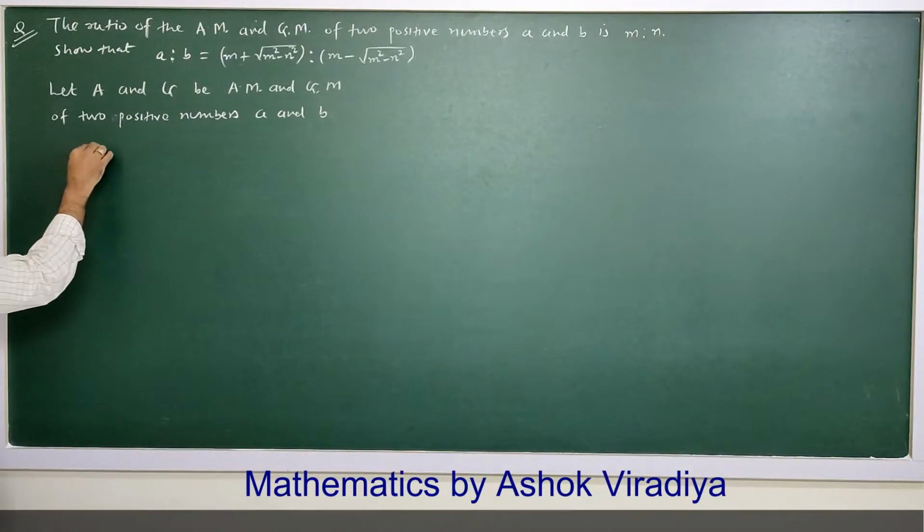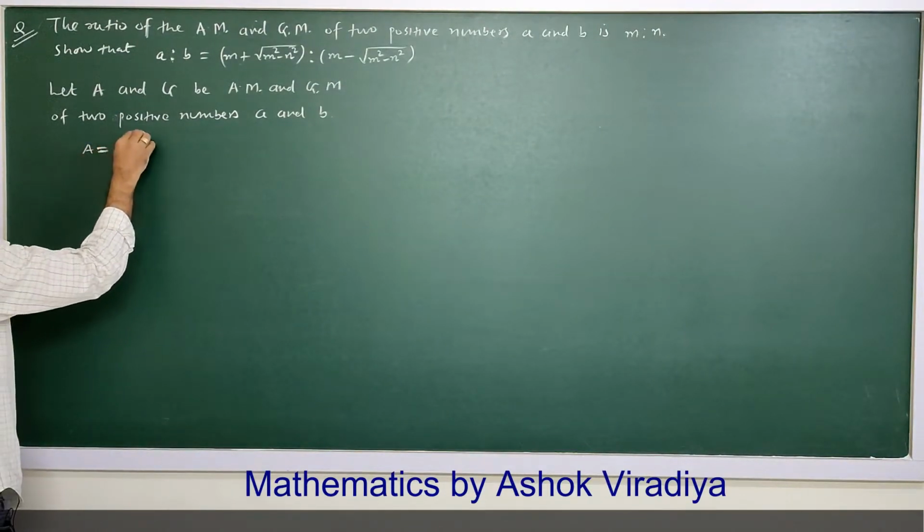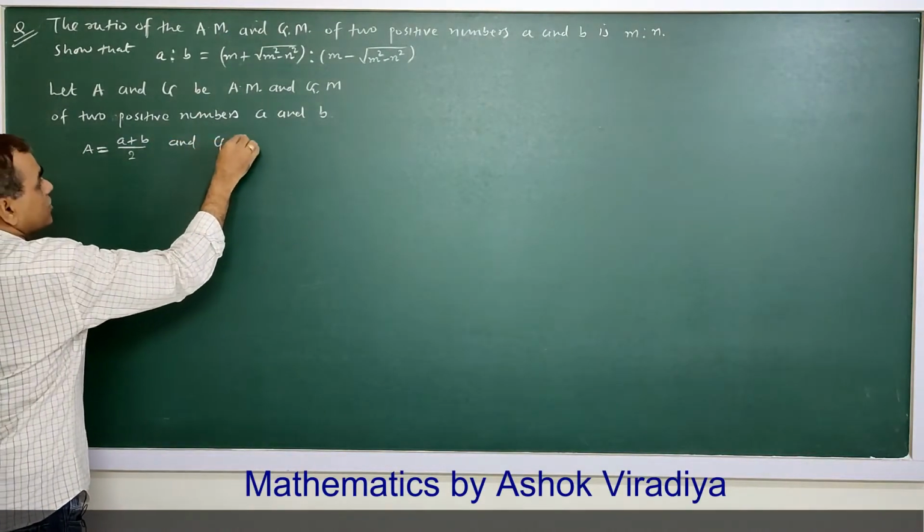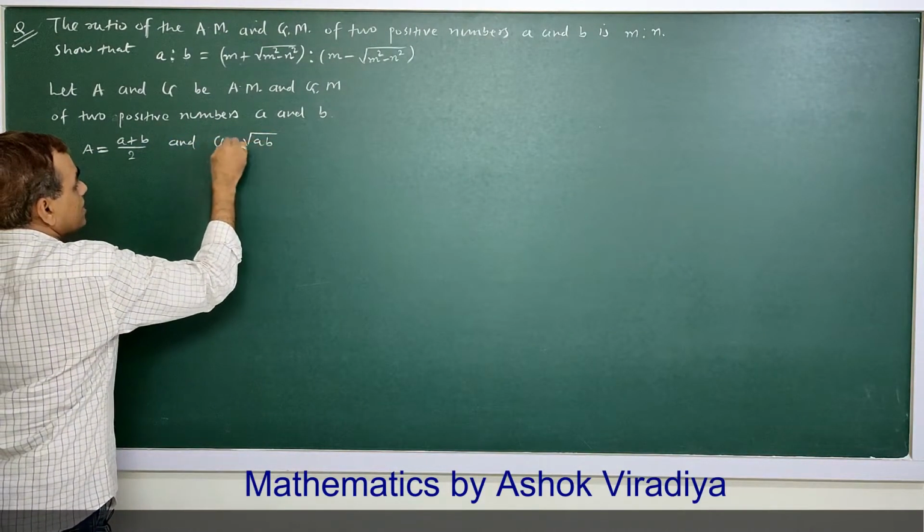So A is equal to (a plus b) by 2 and G is root ab.